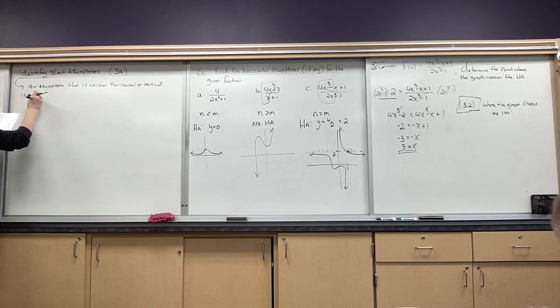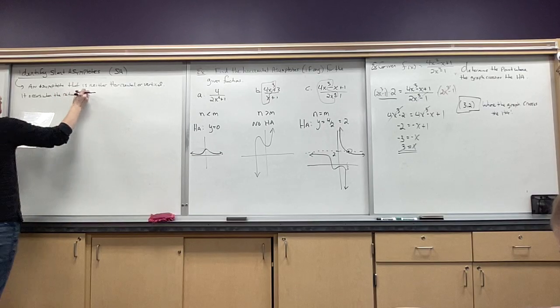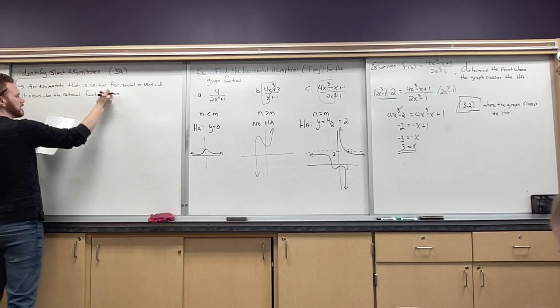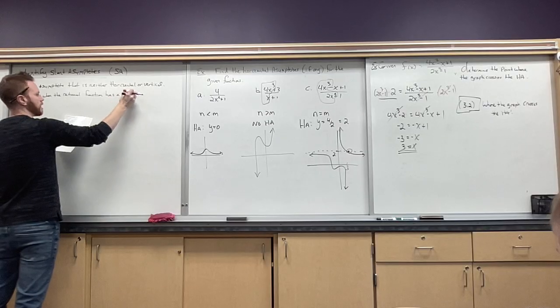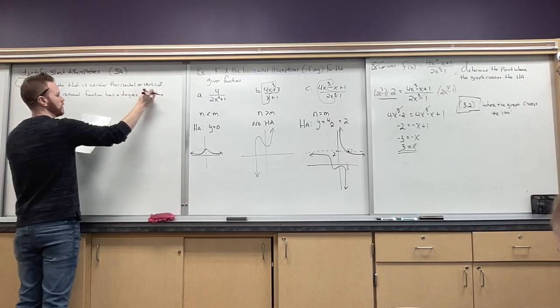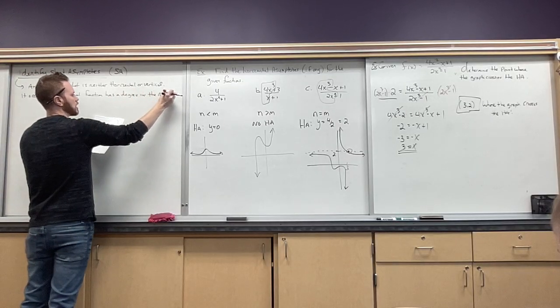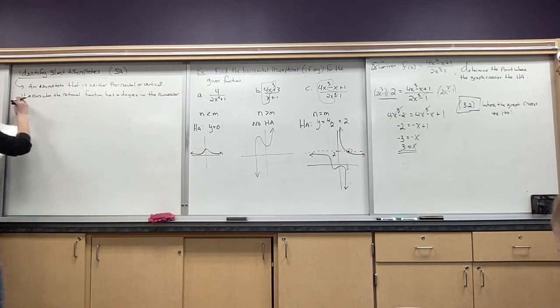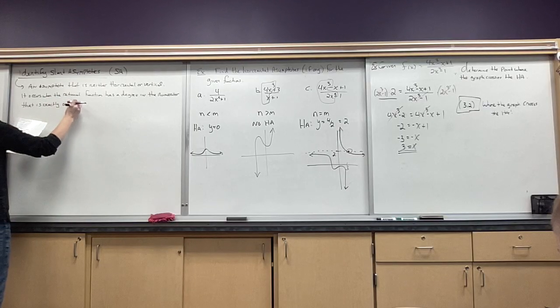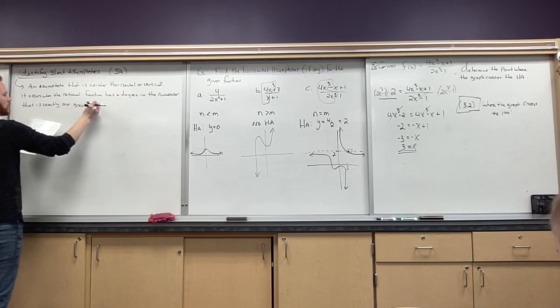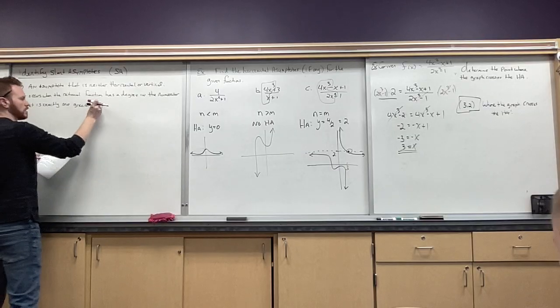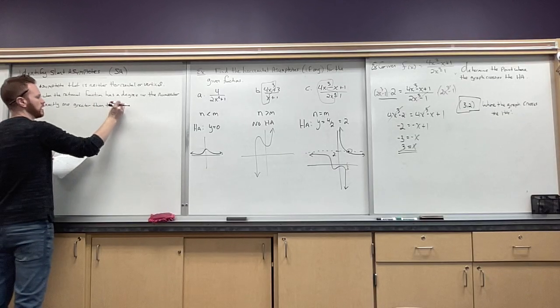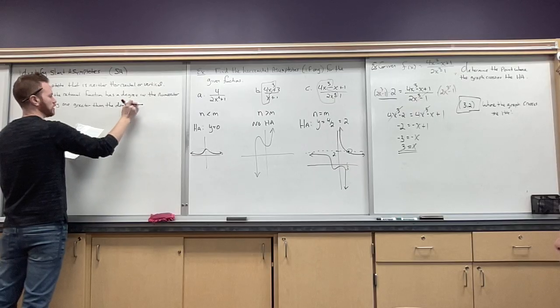It occurs when the rational function has a degree in the numerator that is exactly 1 greater than the degree of the denominator.